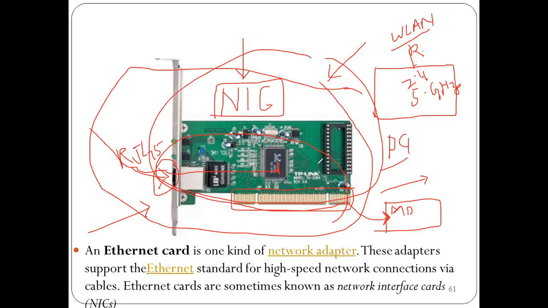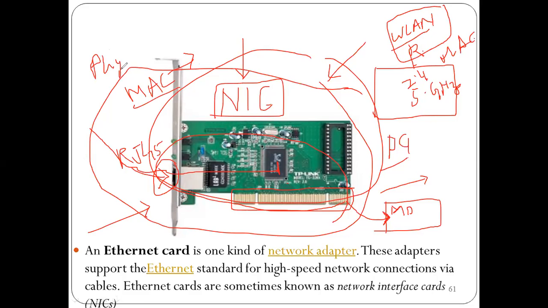The same similar type of card will be there for your WLAN, which holds a MAC address. This card also has a MAC address. Please remember, this is a unique address which is allotted at the time of manufacturing, also known as the physical address.